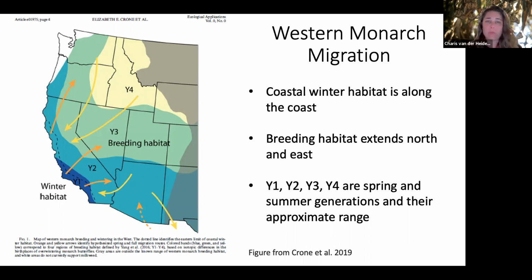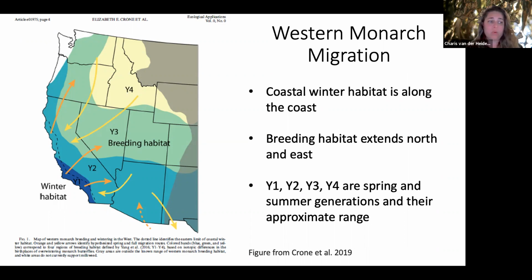But from the overwintering sites, they fly north and east to breed across the West, and typically take 4 generations to expand outwards to the full extent of their breeding range. In this figure, Y1 through Y4 are the approximate stages of each generation in the spring migration. And each of these butterflies lives about 1 month.